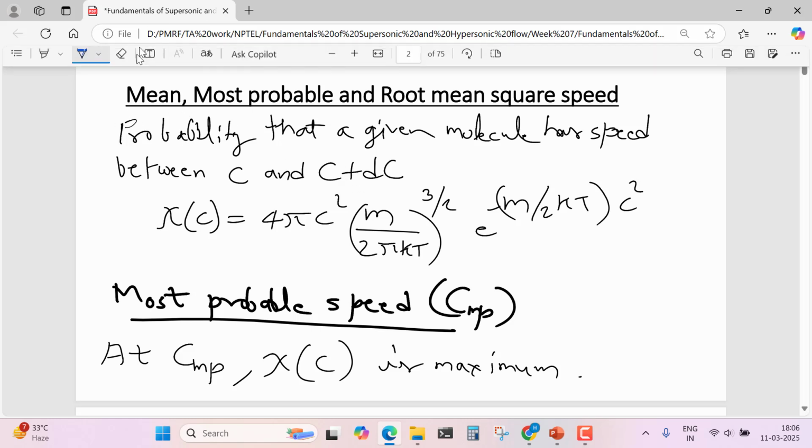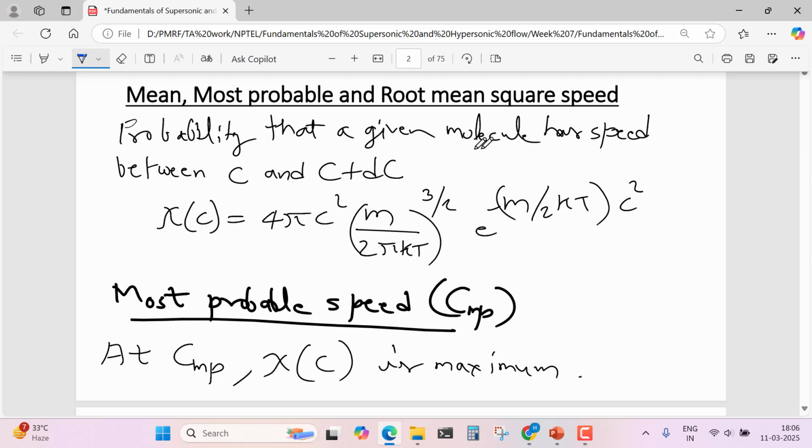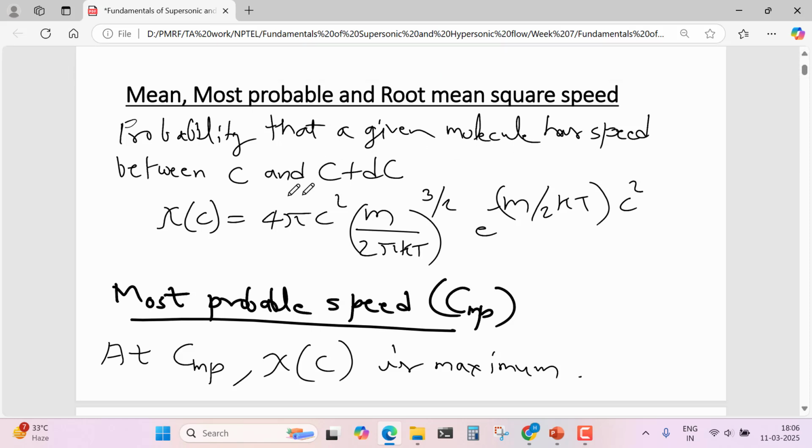We have already seen that the probability that a given molecule has speed between c and c plus dc is given by chi(c) = 4 pi c square (m upon 2 pi kT) to the power 3 by 2 e to the power minus m upon 2kT c square.